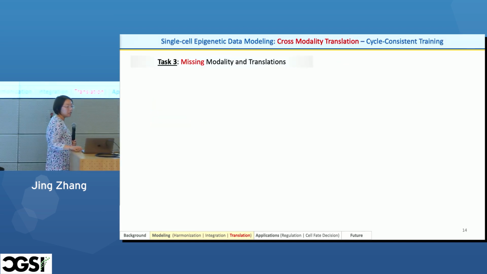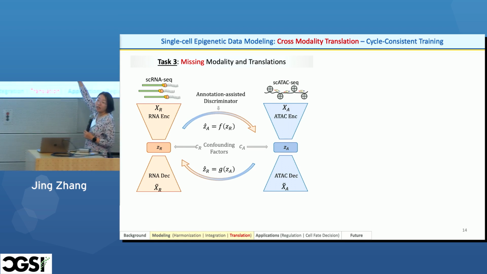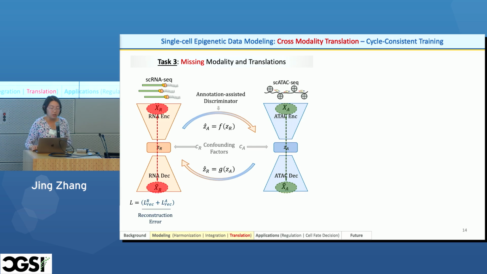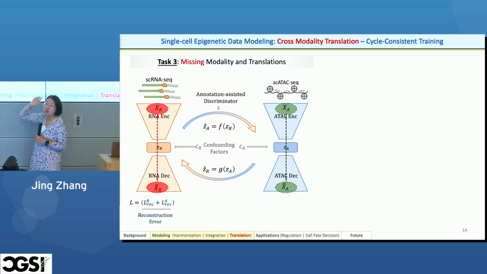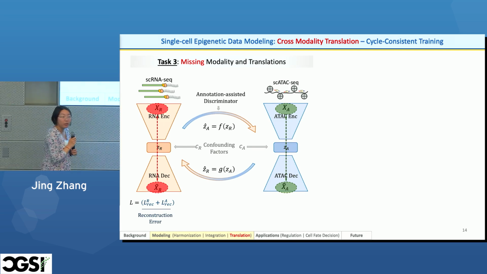So what we did is we inherited our existing architecture, and you can see we have the RNA variational autoencoder and the ATAC variational autoencoder. In our optimization function, we first trained two modality-specific variational autoencoders.